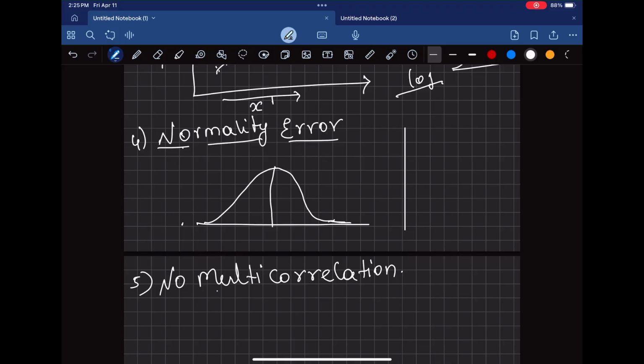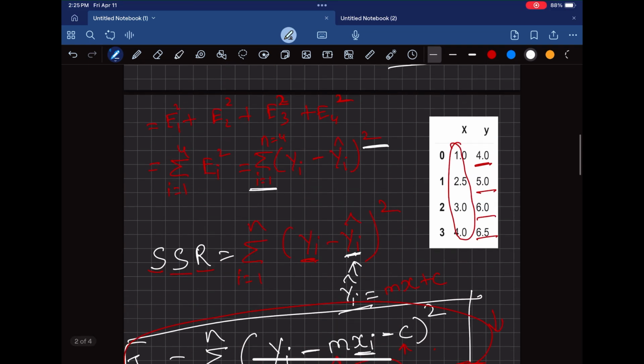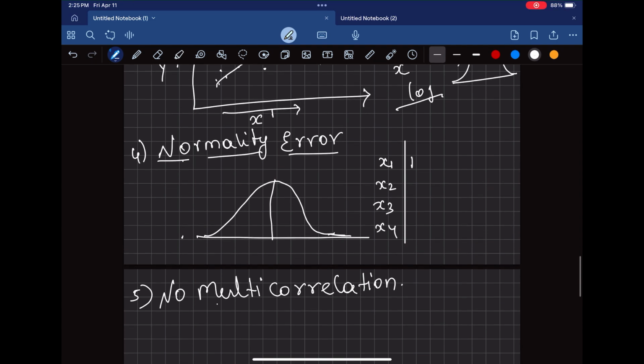In this example, we had discussed four observations, x1, x2, x3, x4, with values 1, 2.5, 3, and 4.